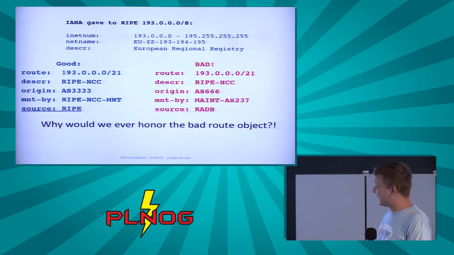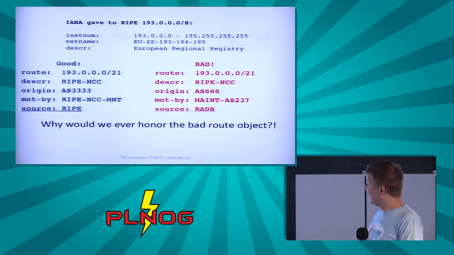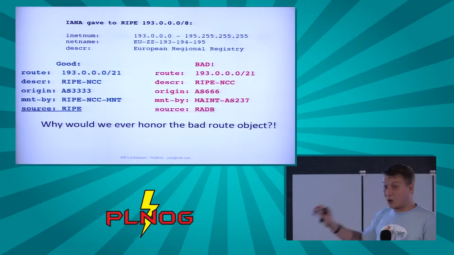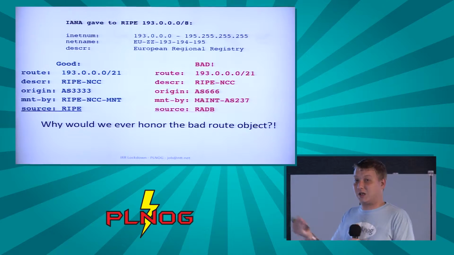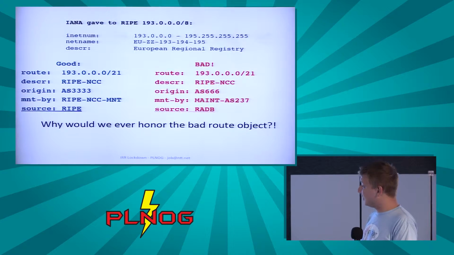This route object has as origin 333, which is RIPE's office building. This is the prefix they assign to their office building, and it is maintained by the RIPE NCC maintainer. So for this route object, I have very strong guarantees that this is actually what the RIPE office staff intended to do. And it's stored in the RIPE database, of course.